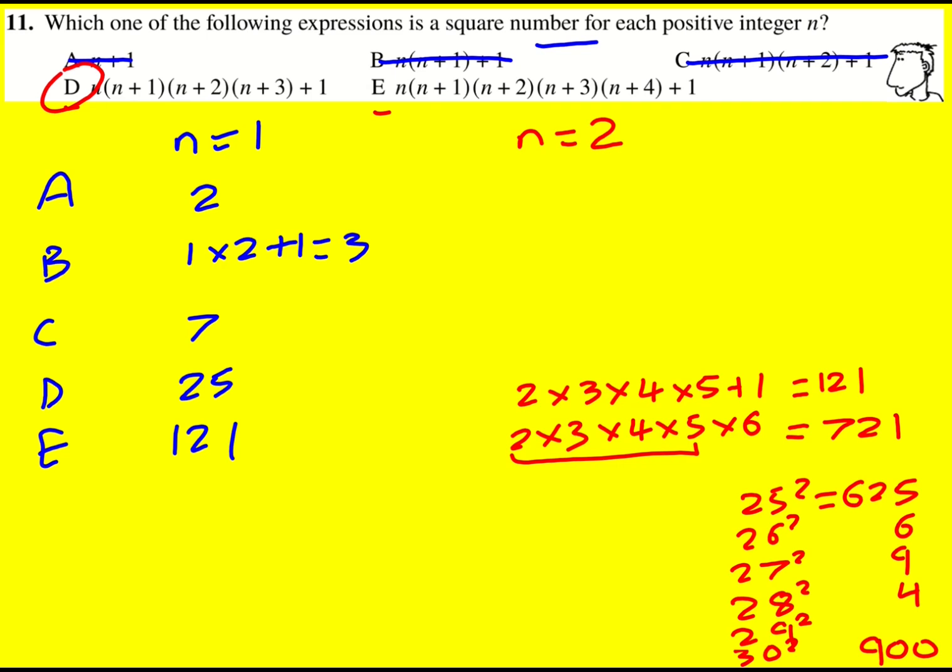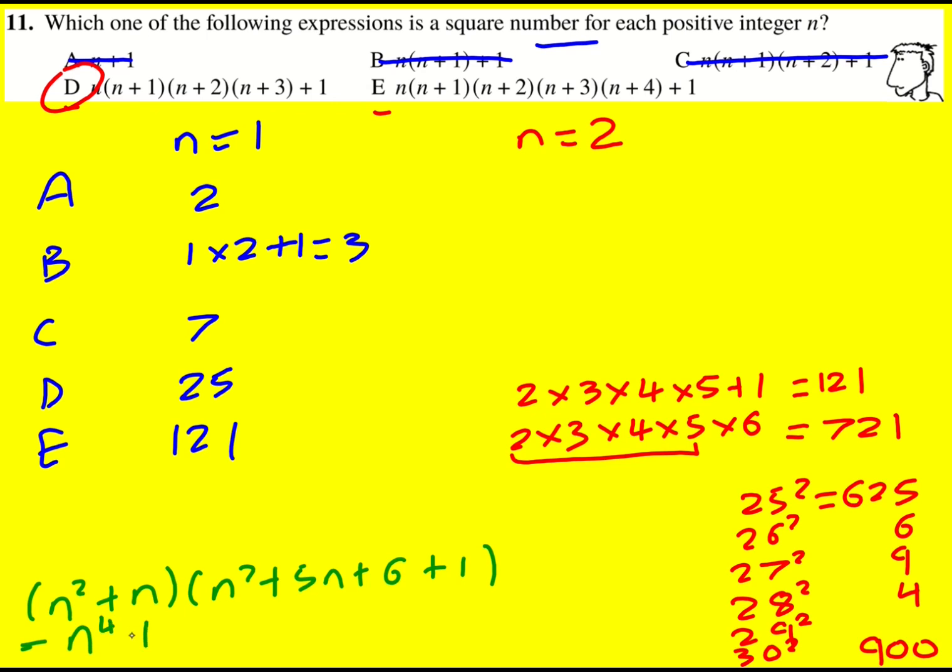But away from that, let's try and show that we definitely do always get a square number. Let's multiply the brackets out. So we'd multiply the first two to give n squared plus n, and the second two brackets to give n squared plus 5n plus 6, and then add 1 to that.